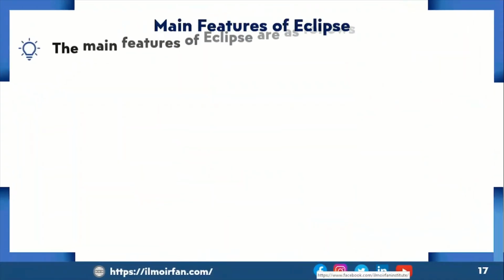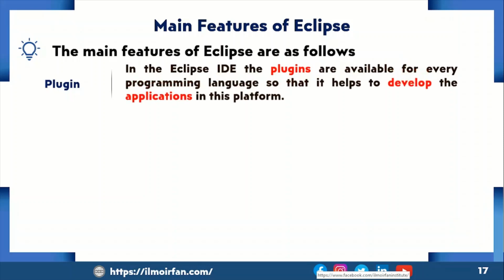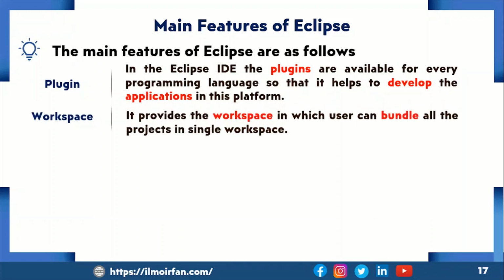Now let's discuss the main features of Eclipse. The main features of Eclipse are as follows. Number one is plugin. In the Eclipse IDE, the plugins are available for every programming language so that it helps to develop applications in this platform. Number two is workspace.